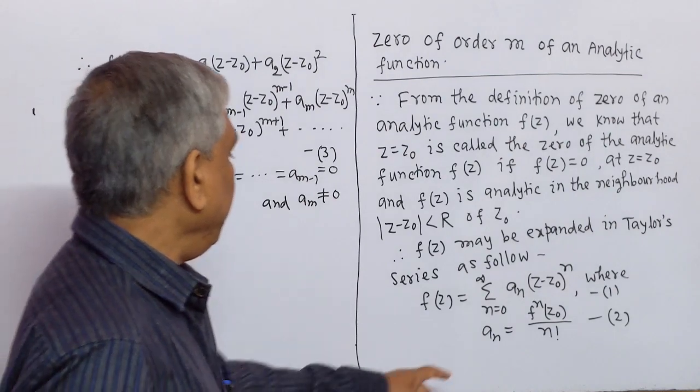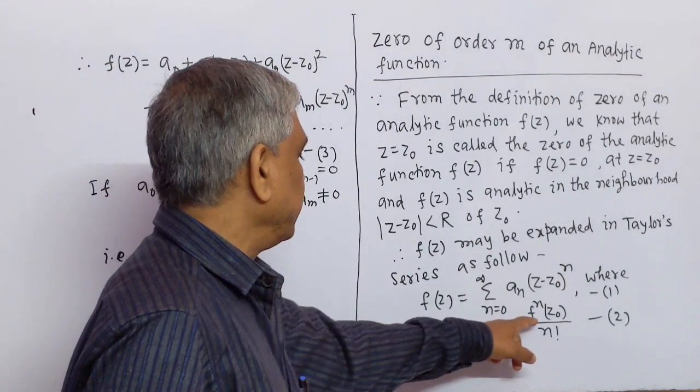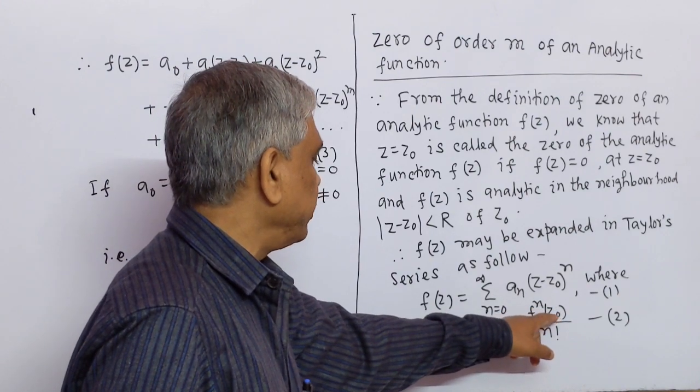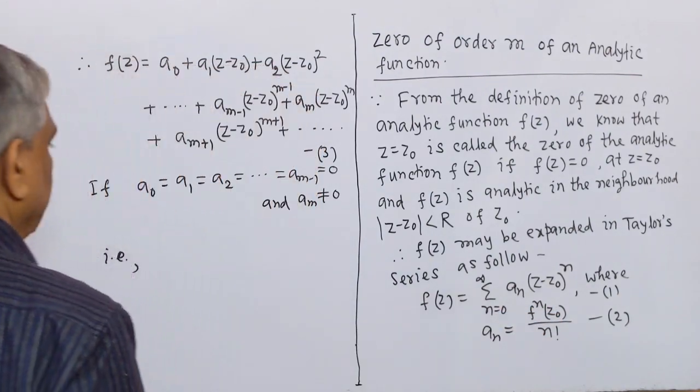If a n equal to 0, that means the nth order derivative of the function at the point z equal to z naught is 0.